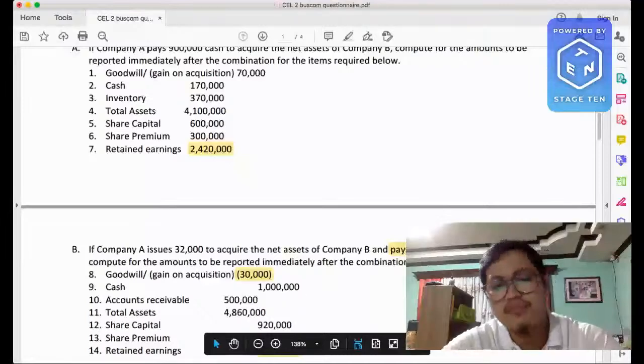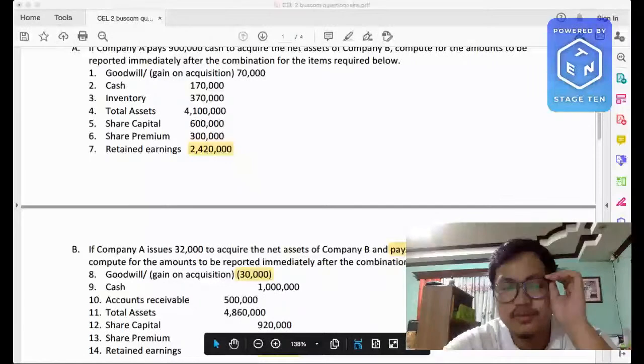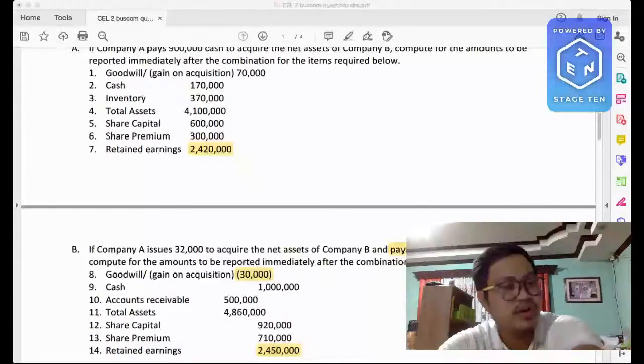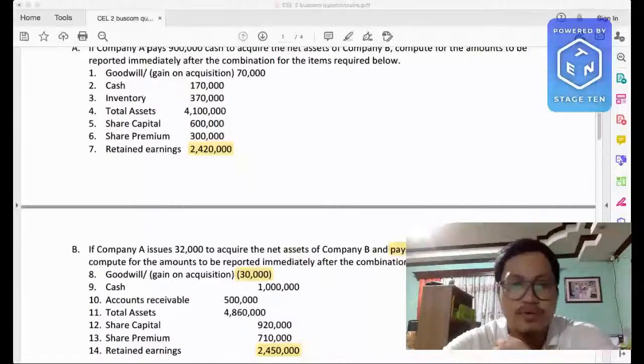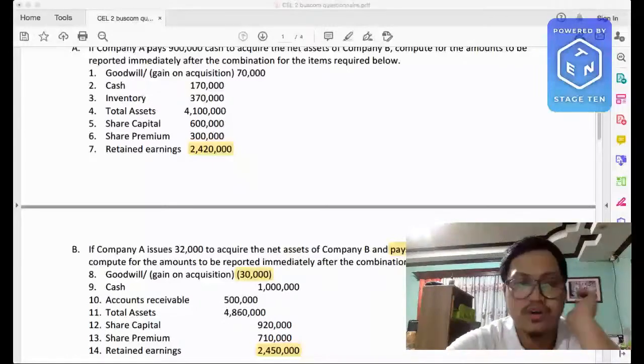Now, if I am to summarize, class, we've essentially answered problem A and problem B already. The things that you have to remember when you're asked to compute for the amounts that are to be reported in the financial statements of the surviving entity immediately after the combination, we'll have to start with the most common question, which is the computation of your goodwill or gain.